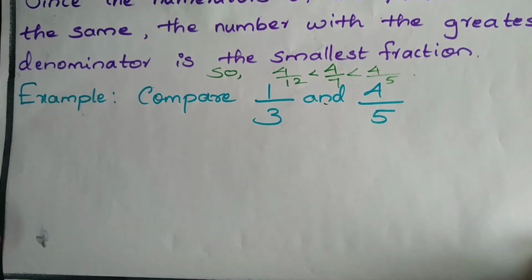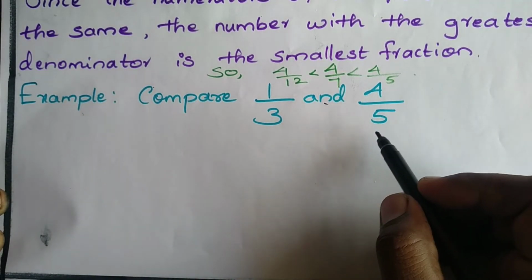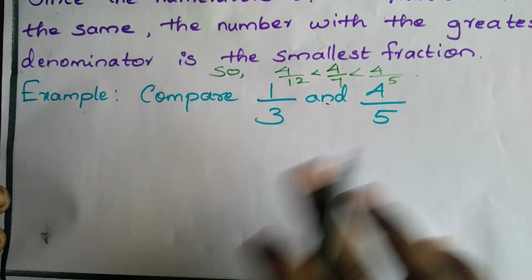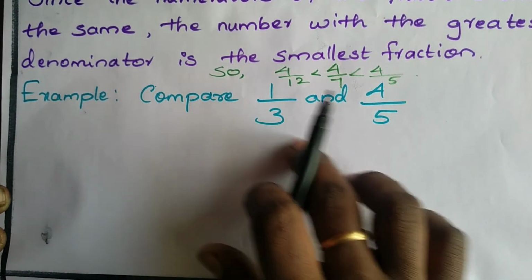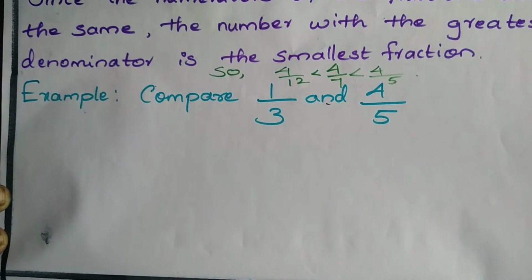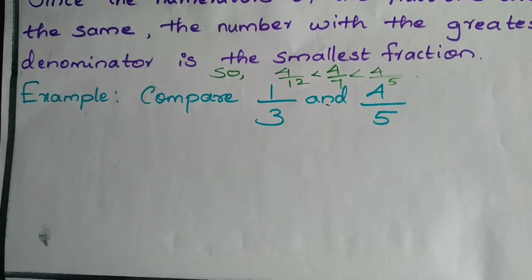Come to our next example. Compare 1 by 3 and 4 by 5. If you want to compare two numbers, note that it is an unlike fraction. We can't directly compare unlike fractions.